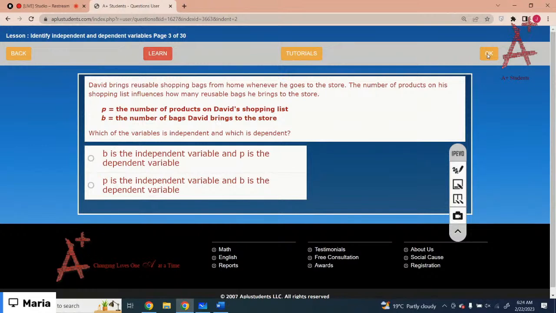That means P, the number of items on the list, is the independent variable and the bags are dependent on the list. P is the independent variable and B is the dependent variable. Option number 2 is the correct option.